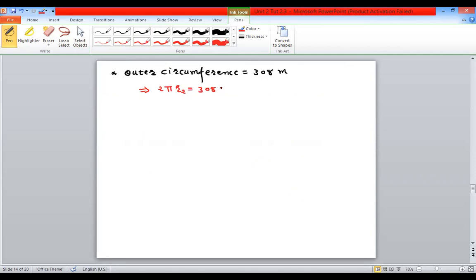It's 308 meters. Cut the two on both sides. It is pi r2. If I cut the 2, it's 154 meters. The value of pi is 22 by 7.